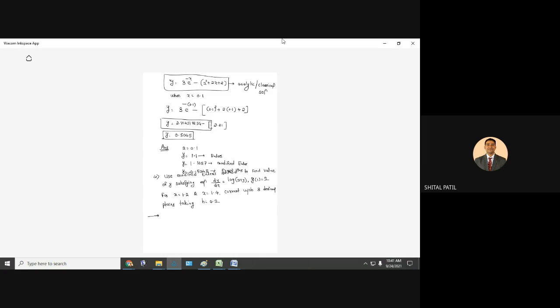So given dy by dx equal to ln of x plus y, y of 1 equal to 2.